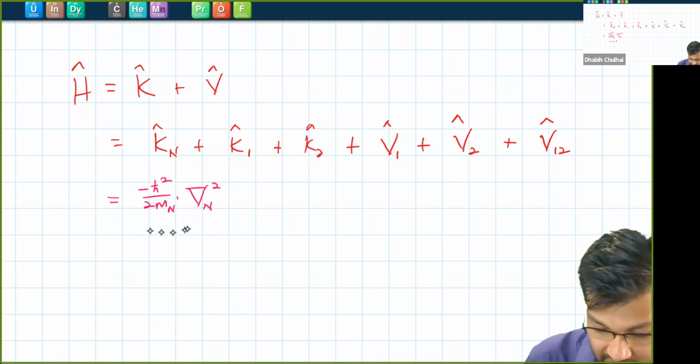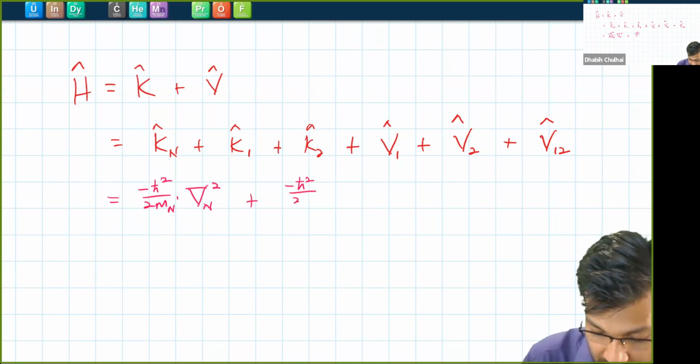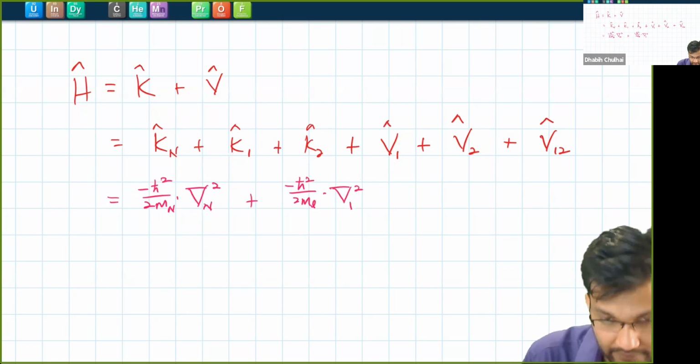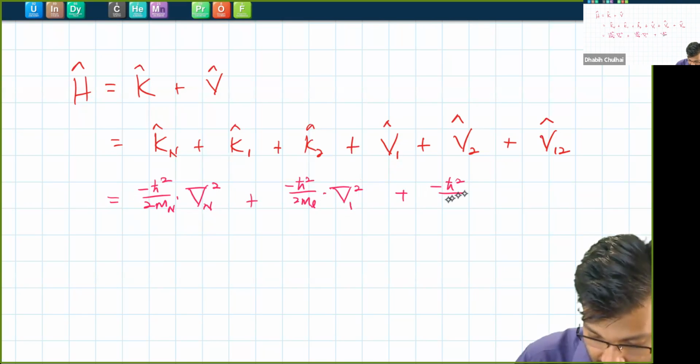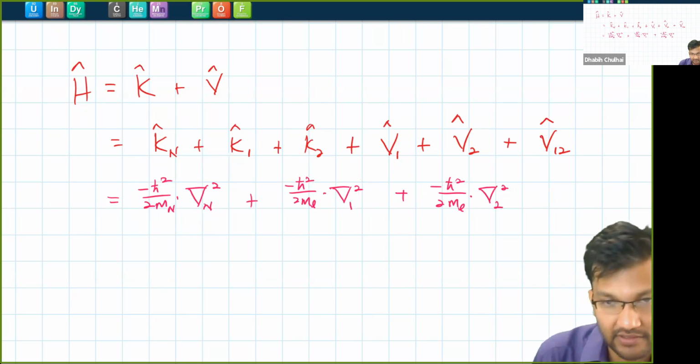So that's the kinetic energy of the nucleus right there. We're going to add the kinetic energy of the first electron, so it's negative h bar squared over 2 mass of electron times the second derivative of the coordinates for that electron, right? Plus the kinetic energy of the second electron, right? 2me nabla squared for the coordinates of the second electron.